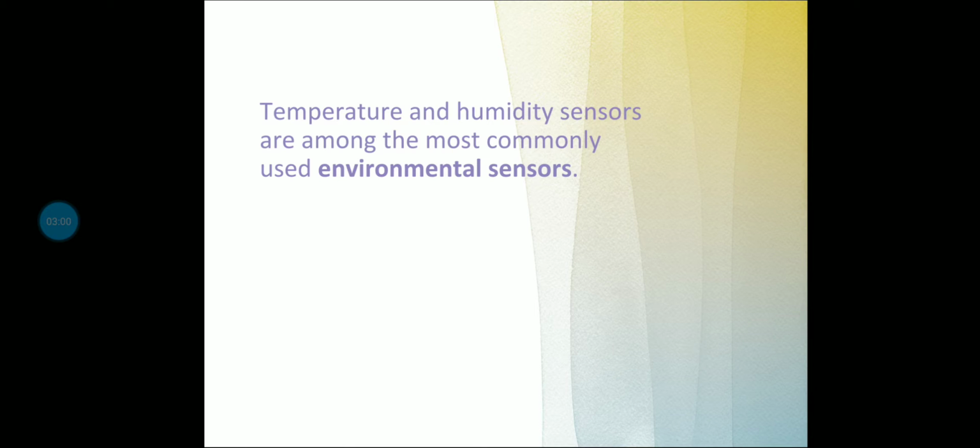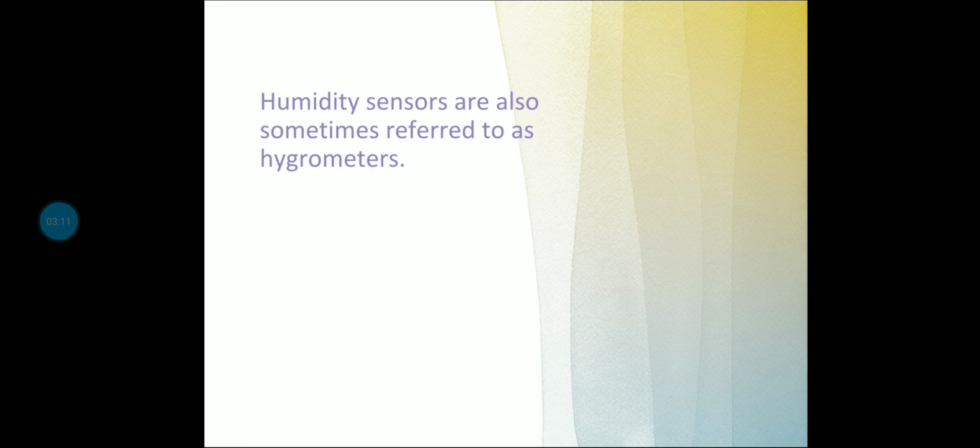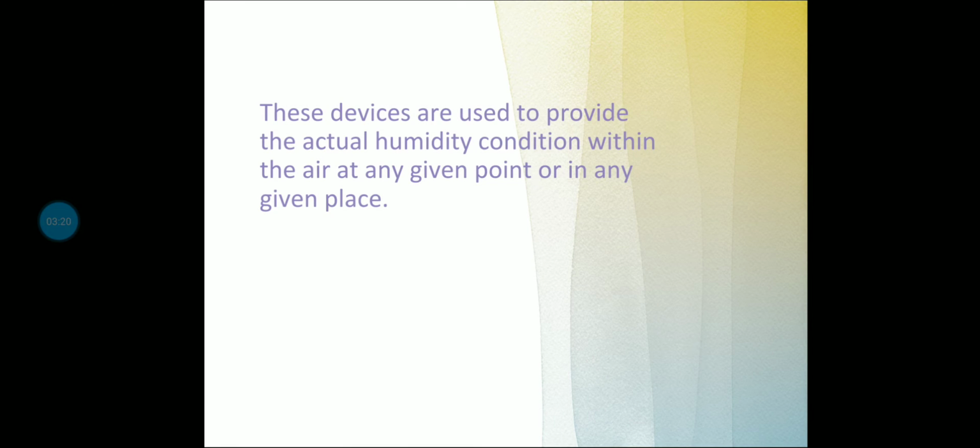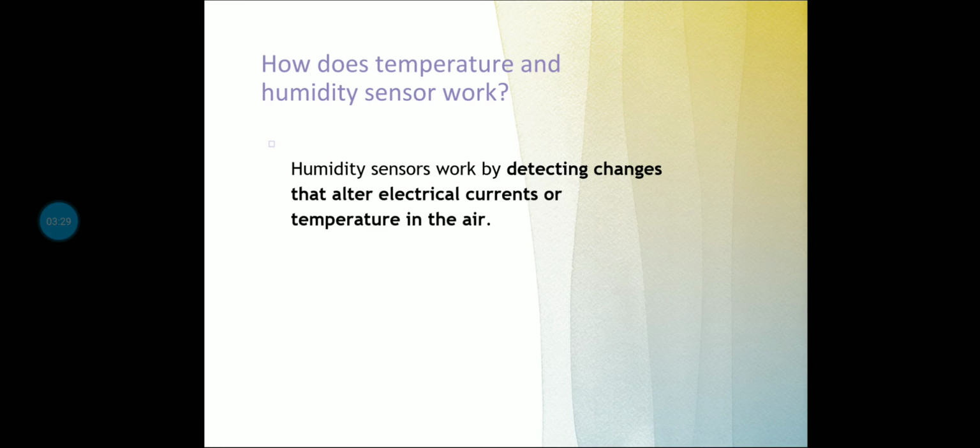In this video we are also going to cover the real life applications of these sensors. Humidity sensors are also sometimes referred to as hygrometers. These devices are used to provide the actual humidity condition within the air at any given place.